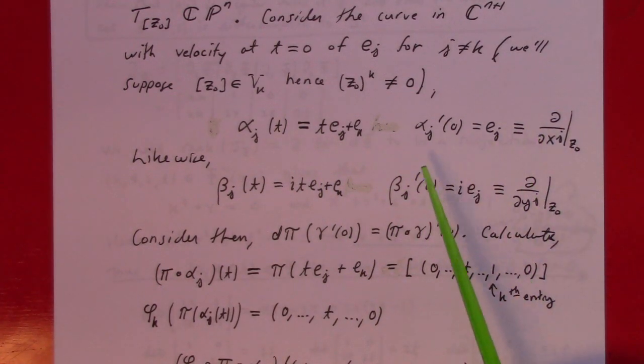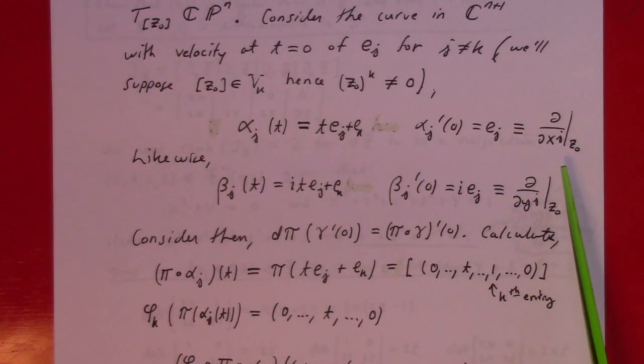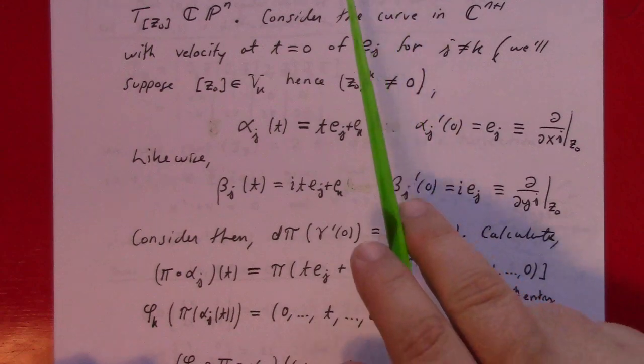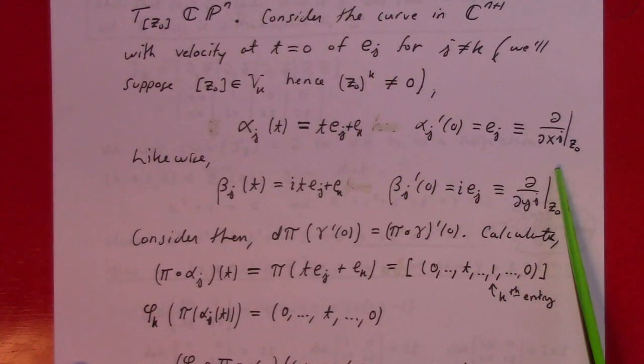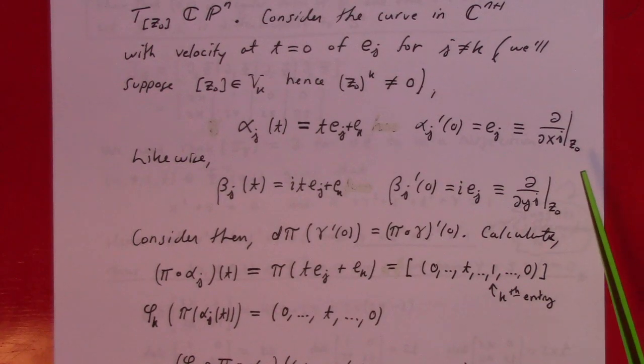Anyway, so clearly the derivative at 0 is e_j, or i e_j, and that corresponds in C^{n+1} to be either the derivative of the jth coordinate in the real sense, or the imaginary part of the jth coordinate. So here we have z_j is x_j plus i y_j. So that's the real and the imaginary components, coordinate functions to the complex jth coordinate. And that's our standard identification of C^{n+1} as a 2n+2 dimensional real space.